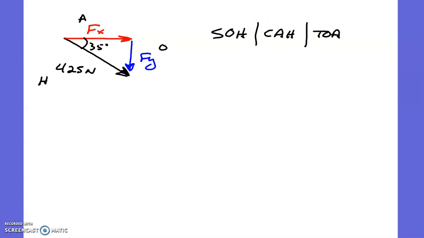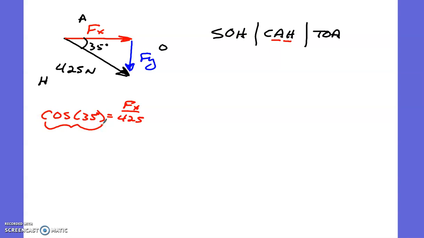I'll first solve for my x component, and to do that, that's my adjacent side, and I have my hypotenuse, so I'm going to use cosine for my x component. I have that the cosine of 35 is equal to my x component divided by my hypotenuse, 425. Again, cosine of 35 represents a number.